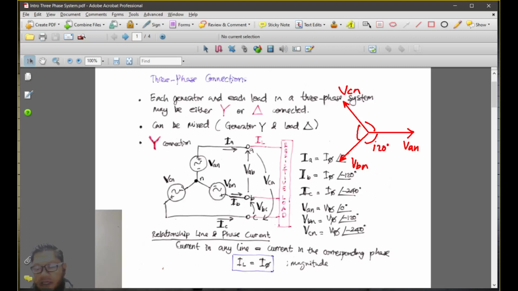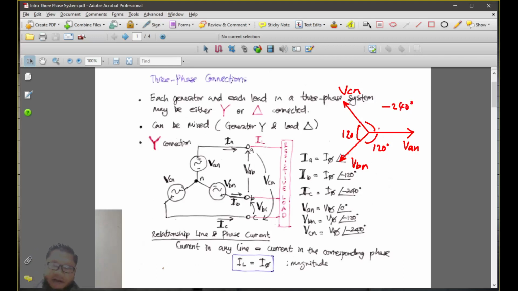So VAN leads VBN by 120 degrees, and VBN leads VCN by 120 degrees. VBN lags VAN by 120 degrees, and VCN lags VAN by minus 240 degrees.